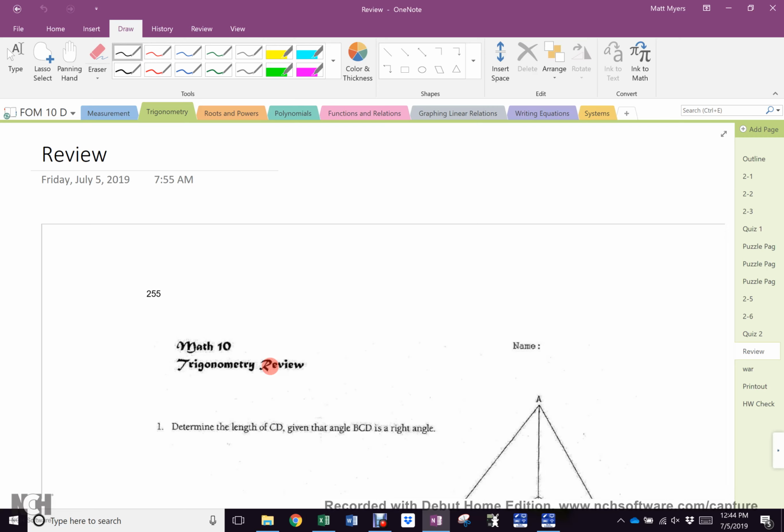It will take about 20 minutes to mark. First block ends at 9:15, which means you have 50 minutes Monday. Do enough of this that you can get it done in 50 minutes.